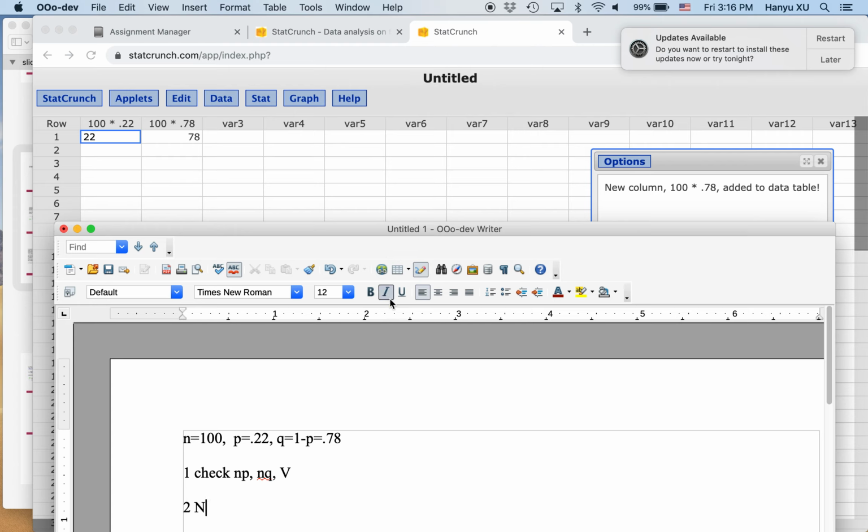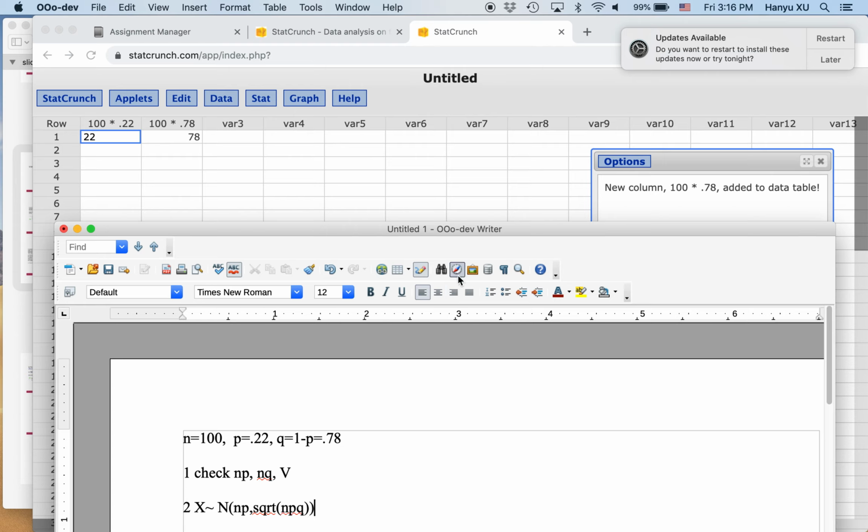So you will use the normal approximation. X is approximated to be distributed with the normal distribution with the parameter mean equal to n times p and the standard deviation equal to the square root of n times p times q.